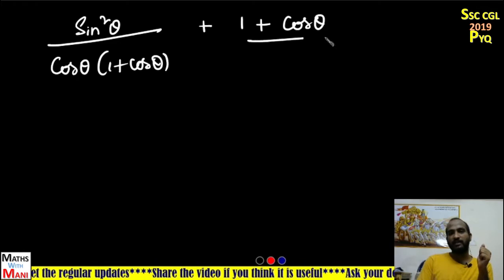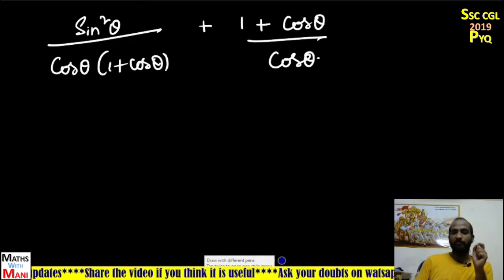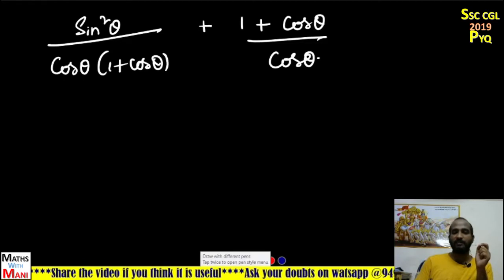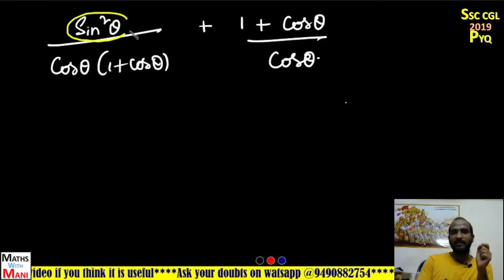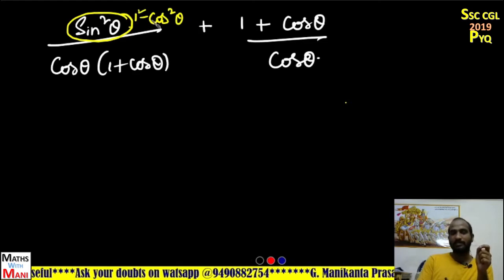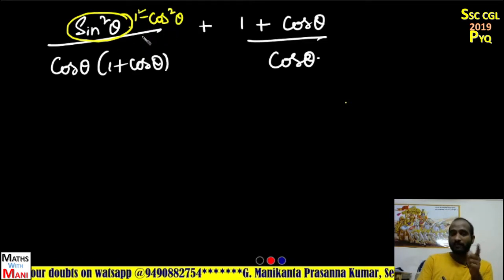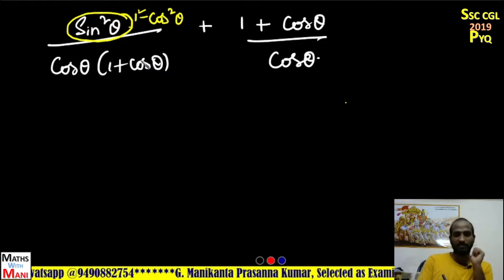Observe clearly, we have an identity, sin square theta plus cos square theta equal to 1. In place of sin square theta, I can write 1 minus cos square theta. 1 can be written as 1 square. A square minus b square means a plus b into a minus b. So 1 square minus cos square theta can be written as 1 plus cos theta into 1 minus cos theta.